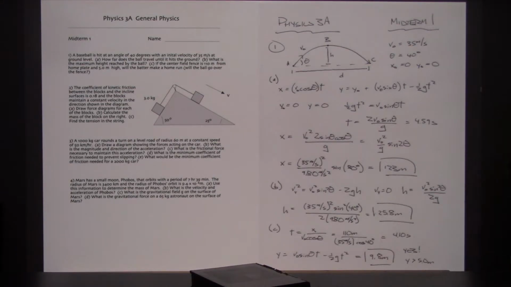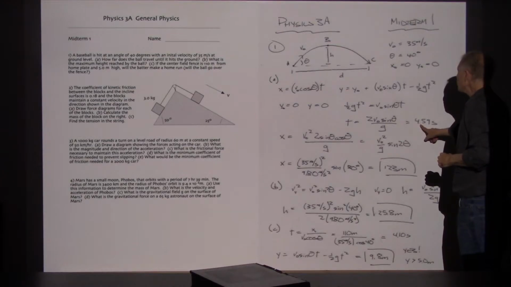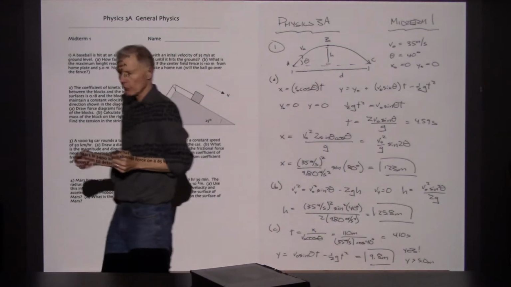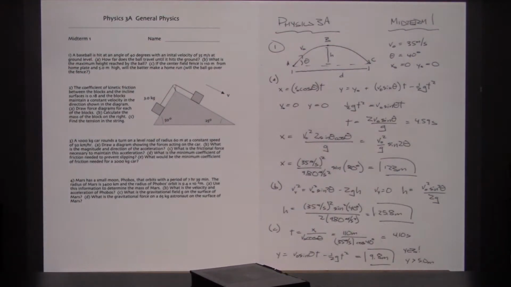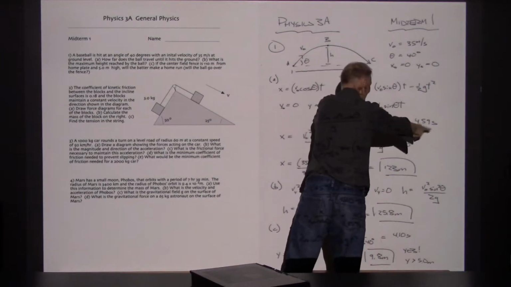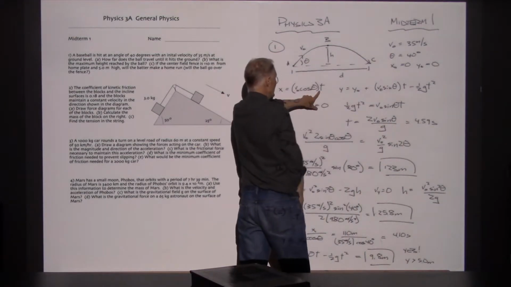At that point, I went ahead and plugged some numbers in. I was curious, and it worked out to 4.59 seconds. So there was enough vertical velocity that we launched with in order to keep the object in the air for 4.59 seconds. Now, what I did then is I took this formula, not the number, and plugged it in for t.